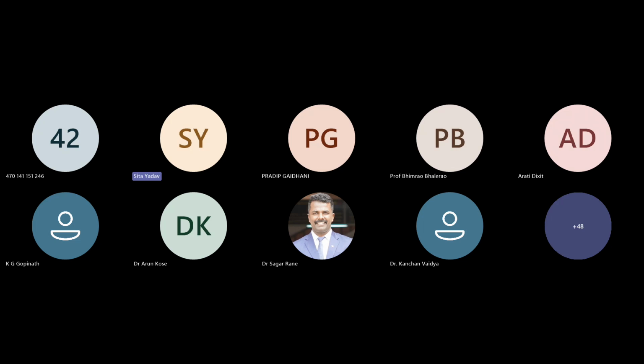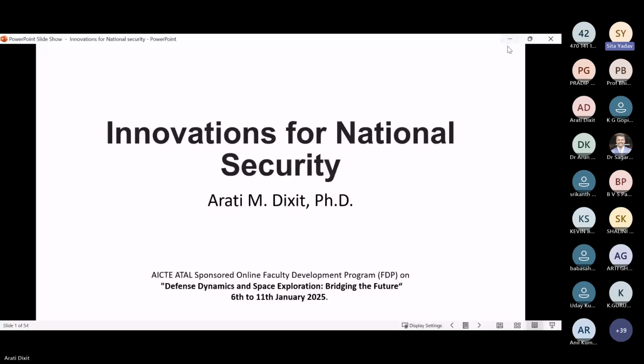Good evening, all, at the second session of the day. Today we have among us Dr. Aarti Dikshit. Welcome, ma'am. Dr. Aarti Dikshit received a PhD degree in computer engineering from Wayne State University, Detroit, USA. She has completed the certificate in scientific computing program from the same university. She is an alumnus of IIT Bombay and University of Pune with an MTech and BE in Computer Science and Engineering.